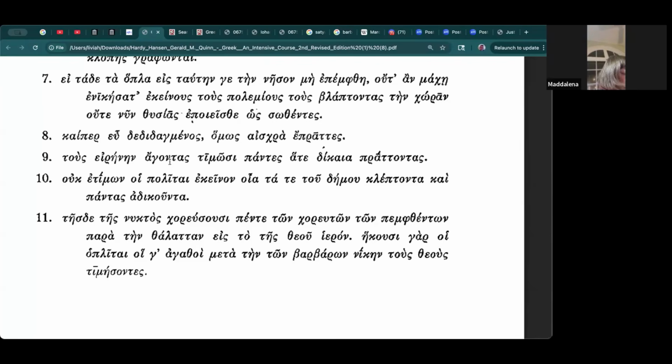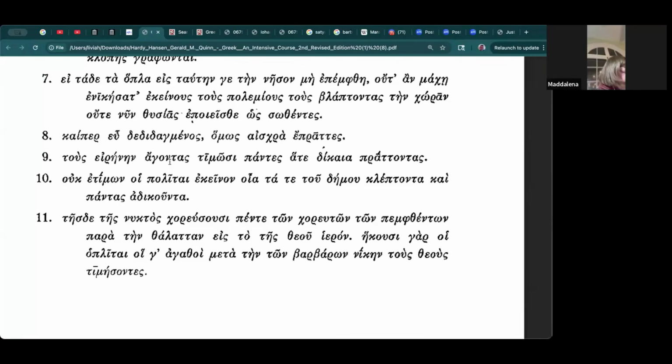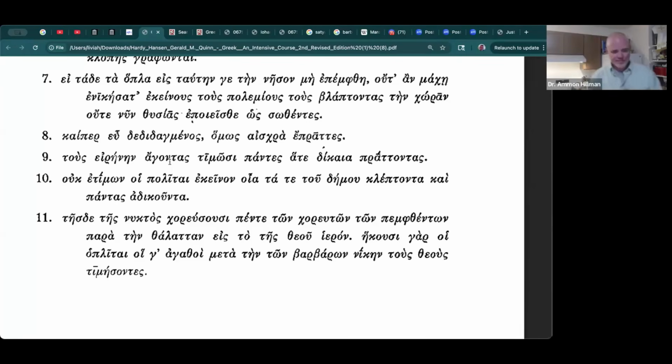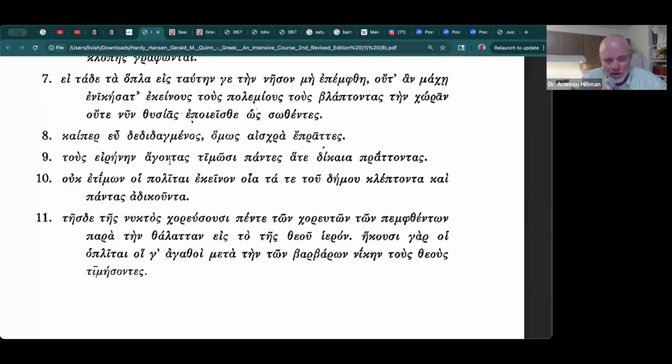Yeah, there is. Timosi, from timao, honor. And it's present, right? Honors. And what person and number? It's a third person plural. Good. Is there anything that can be a subject in there? It can be the third person, they honor.